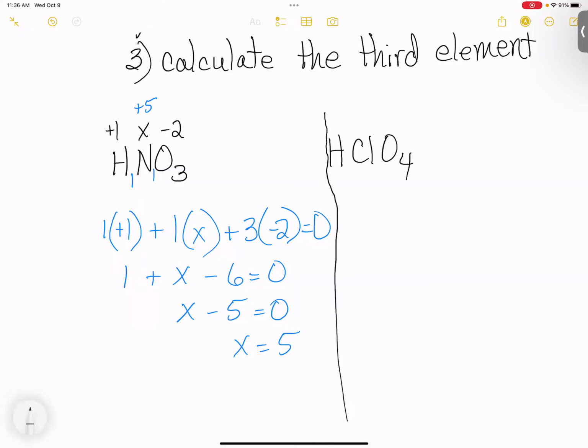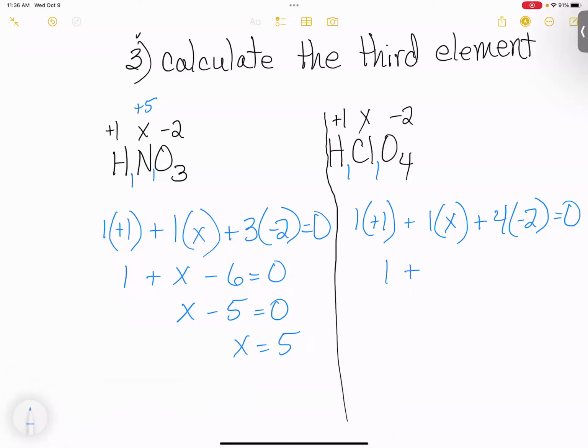Let's do the same thing for perchloric acid. Hydrogen is a +1, oxygen is a -2, and you have to calculate the chlorine. There is 1 hydrogen times a +1, 1 chlorine times X, and 4 oxygens times a -2, and that is set equal to 0. 1 plus X minus 8 equals 0.